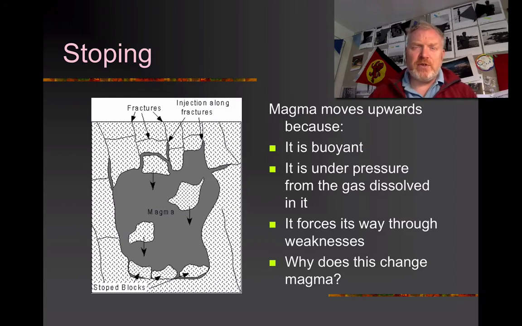And that process is going to be selective. It's not all the minerals that will melt, it's going to be the ones with the lower melting temperatures that will melt and become incorporated into the magma. That inevitably makes magma more silicic because it's the more silicic minerals that melt at lower temperatures. Bowen's reaction series tells us that.